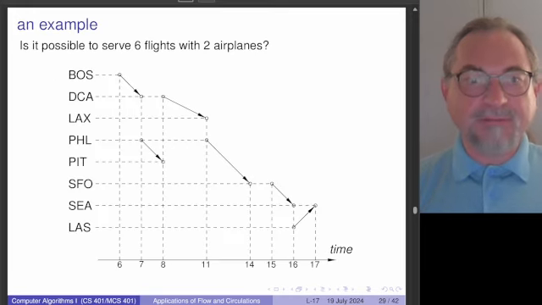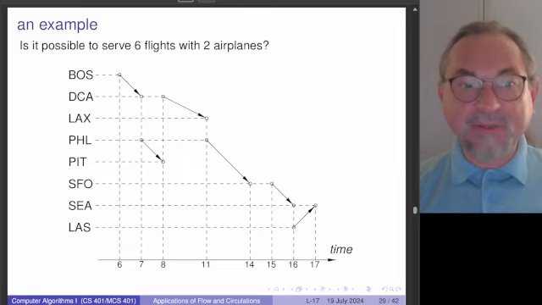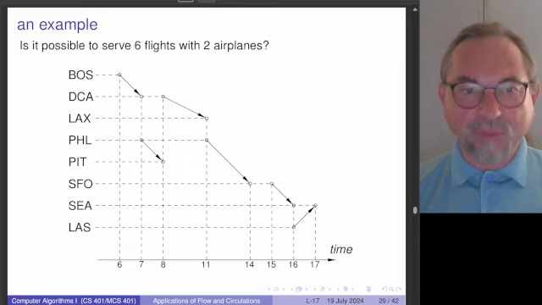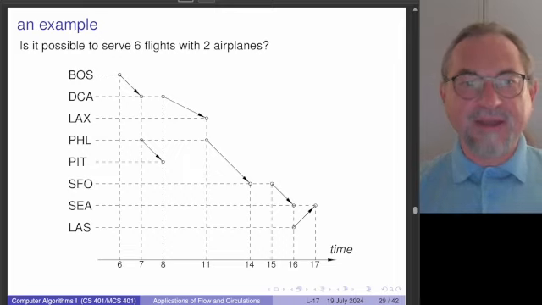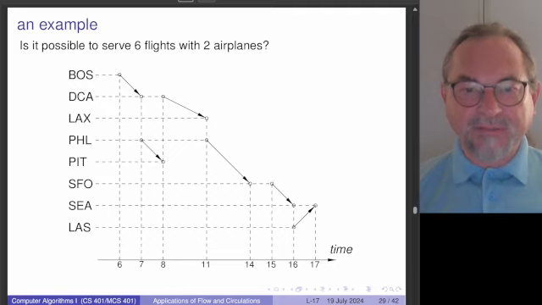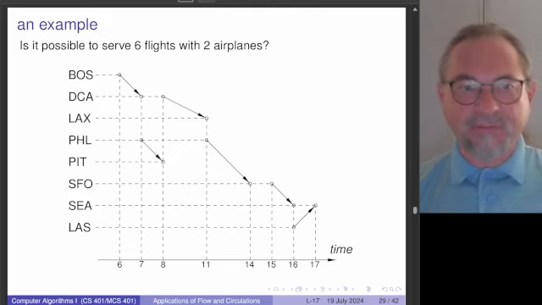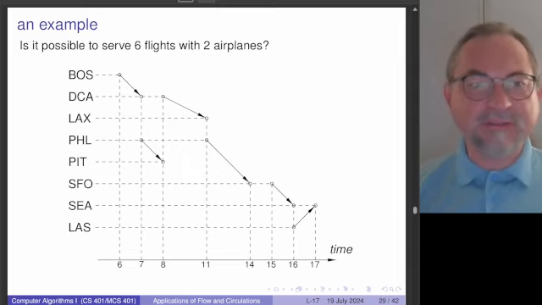Okay, so here is a very simple example. We have a number of airports, and in one day we have to serve 6 flights. The flights are given by these arrows here. It starts at 6 o'clock with a flight from Boston to Washington, D.C., and it ends with one last flight from 4 o'clock till 5 o'clock.